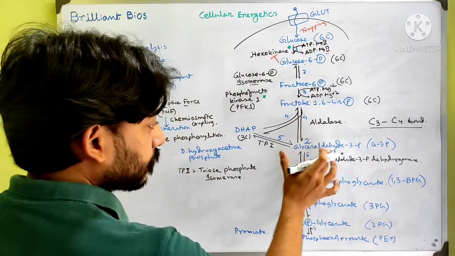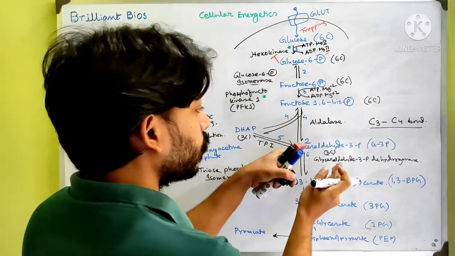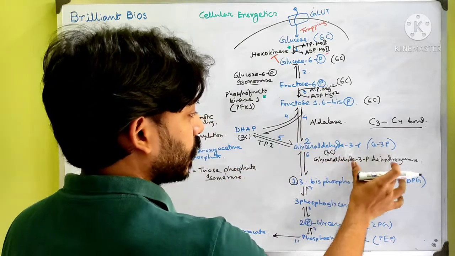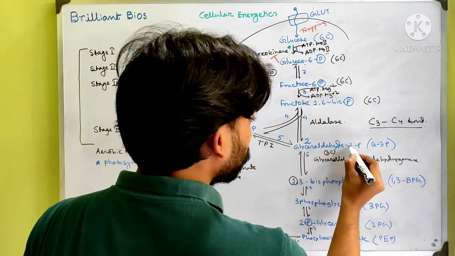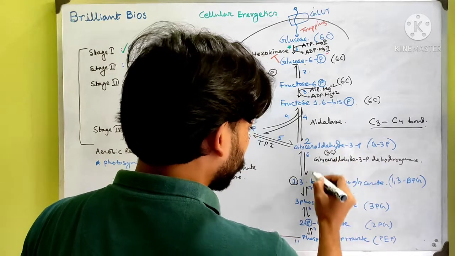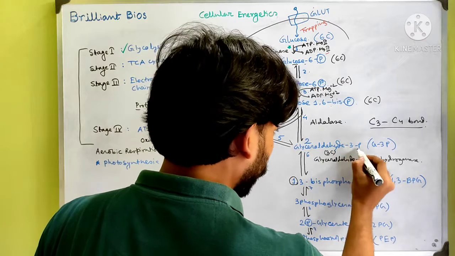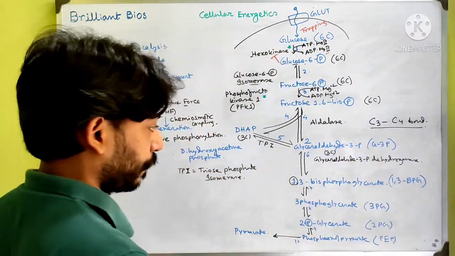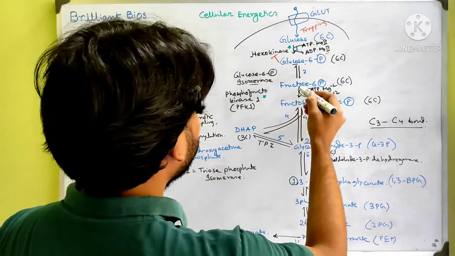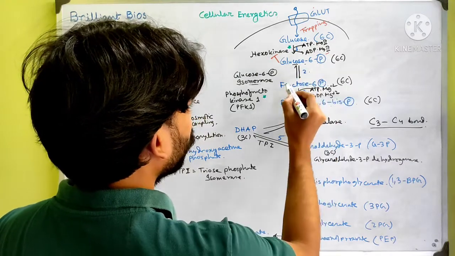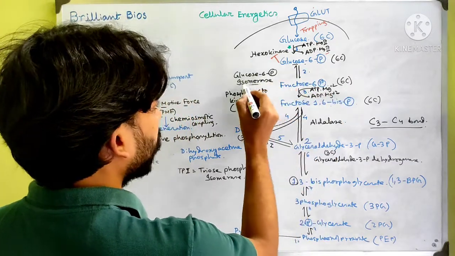All these products are actually very related with the naming of the enzyme. You can see here glyceraldehyde 3-phosphate. Now the enzyme that is converting this into 1,3-bisphosphoglycerate is glyceraldehyde 3-phosphate dehydrogenase. Same I can say here like the glucose 6-phosphate to fructose 6-phosphate means glucose 6-phosphate isomerase.